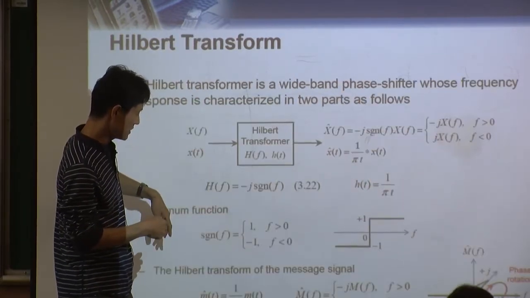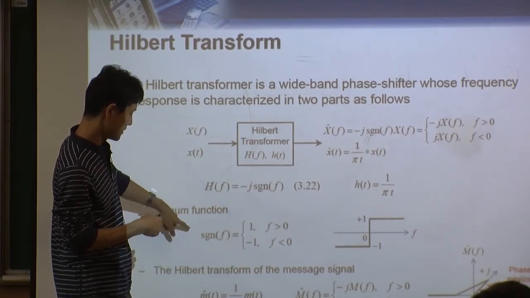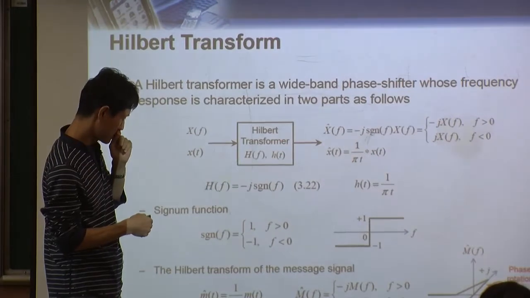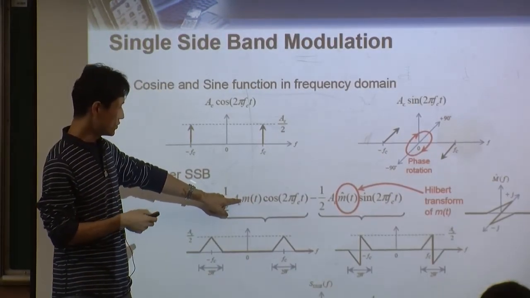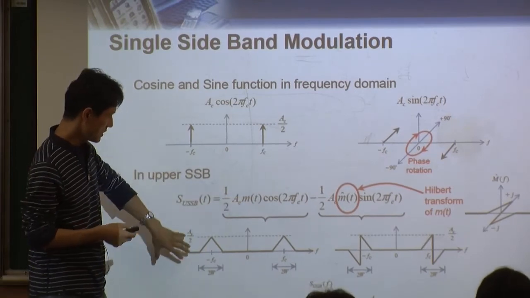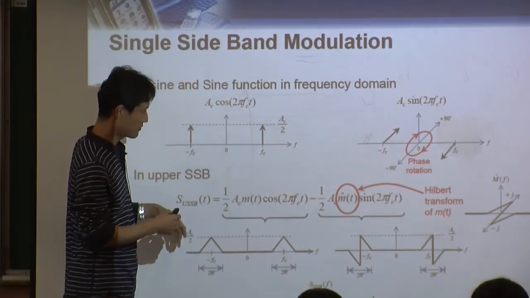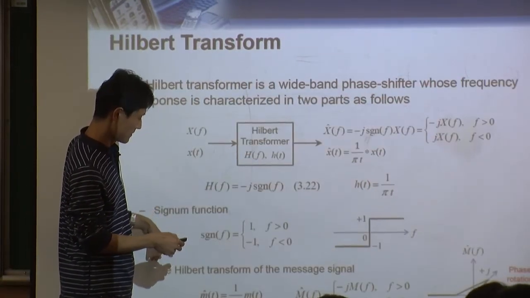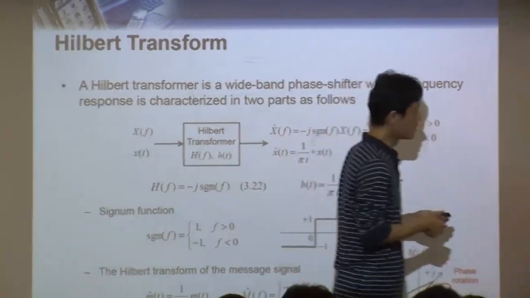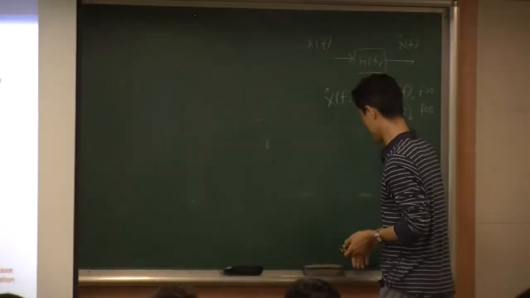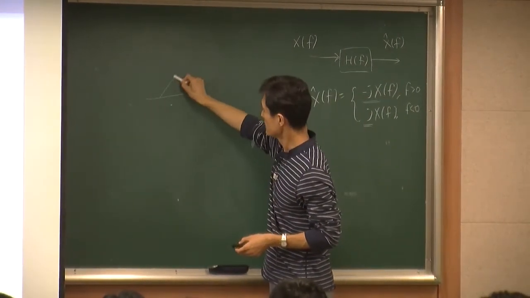So going back here, what we are trying to do is, this is our original M F. Okay, let me put it back a little bit further here. Let's come back here. Let's say our original X F, as I said, is this one.